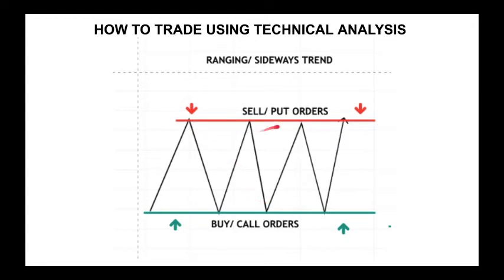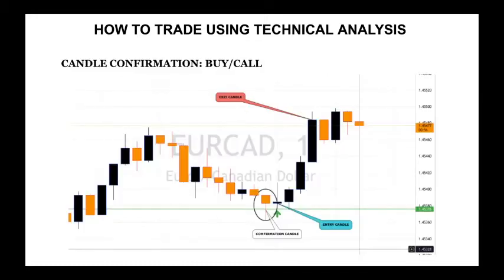So when price is going sideways, you can take sell and buy orders. Whenever it makes a support, you take a buy. Whenever it makes its resistance, you take a sell. This is how you can trade using this part of technical analysis, which is the ranging market.